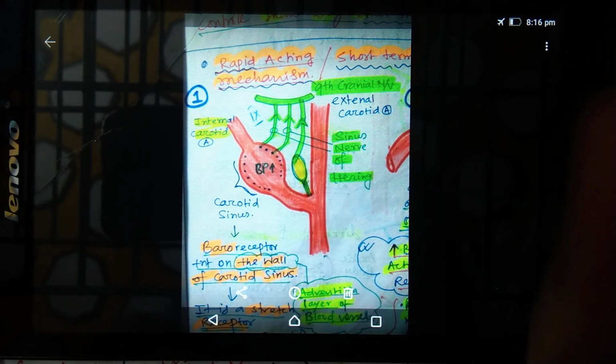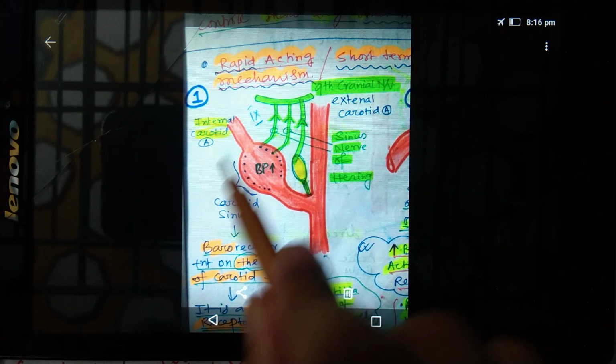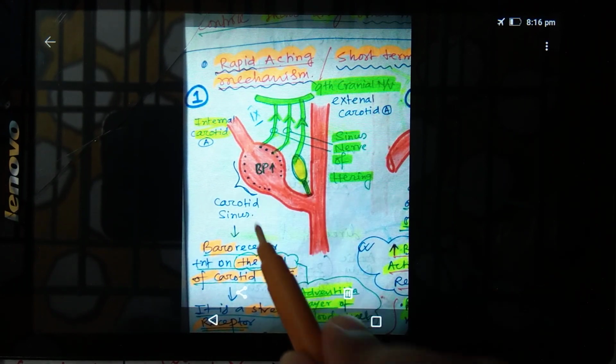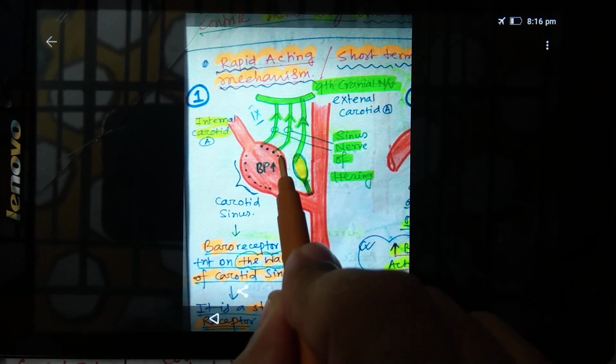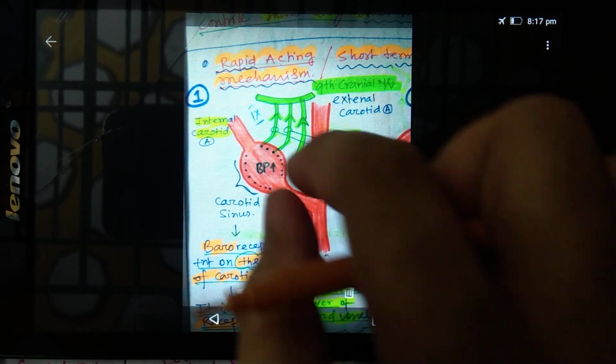When blood pressure is increased, the increased blood pressure stretches the wall of the blood vessels.